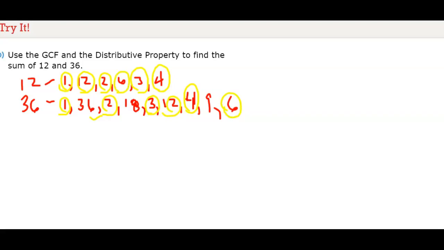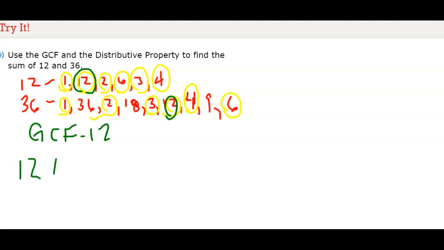So out of the ones that we circled that they both have in common, which one is the greatest? The greatest of them all would be 12. They both have 12, and that's the greatest of them. So our GCF, or greatest common factor, is 12.